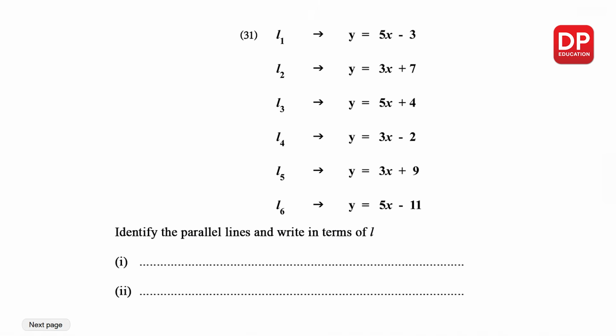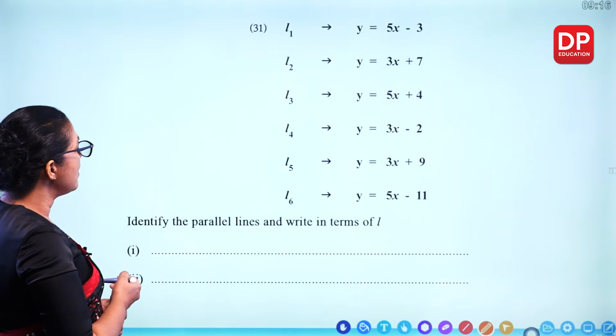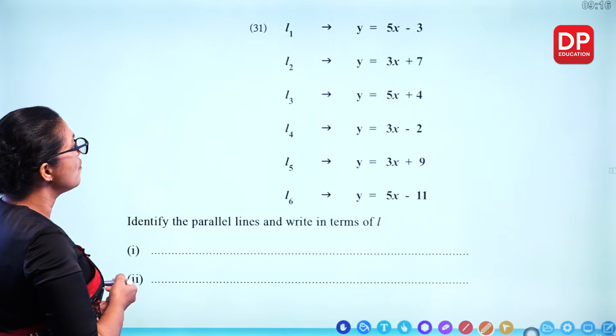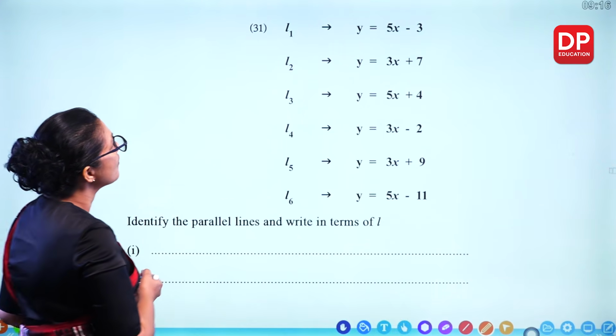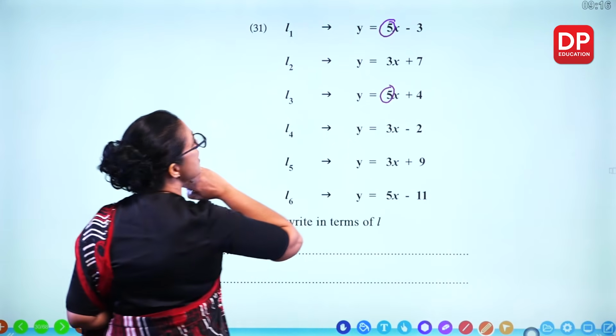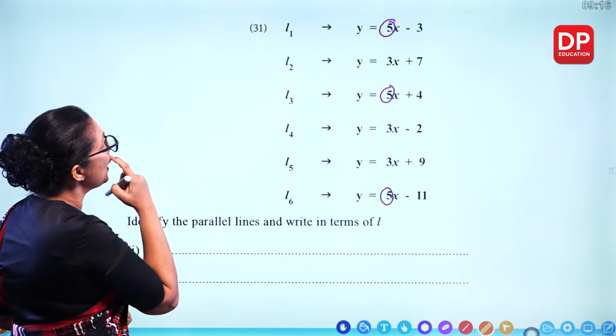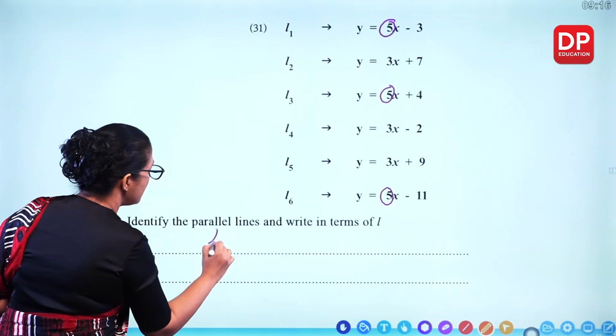Now look at these lines. Several straight lines are given. Identify the parallel lines and write in terms of L. This is 5, this is 5. The gradient is equal and this is 5. So what can you say about L1?